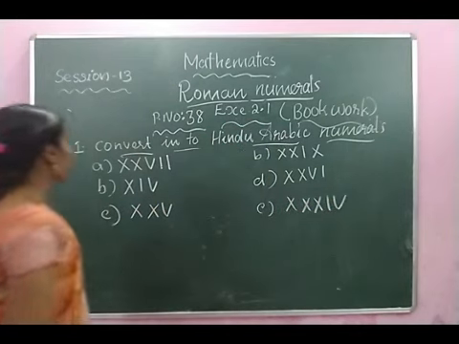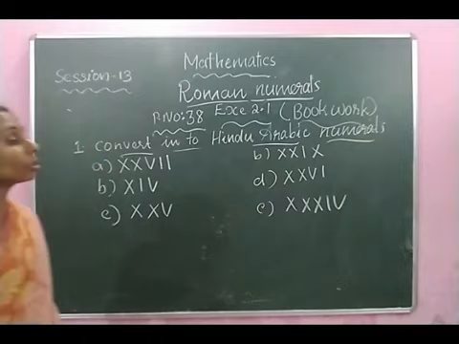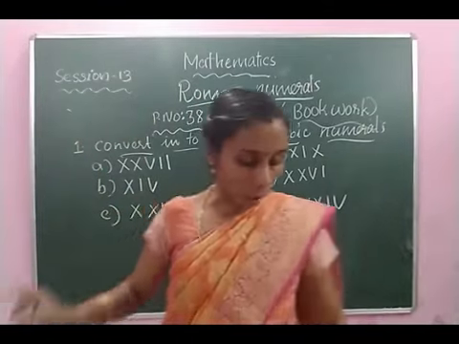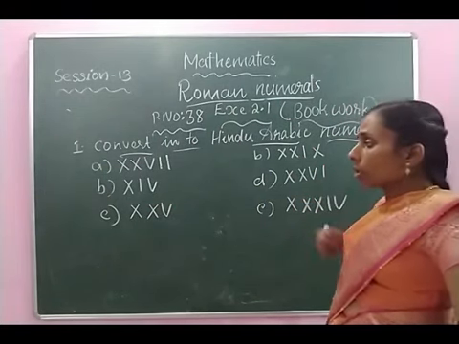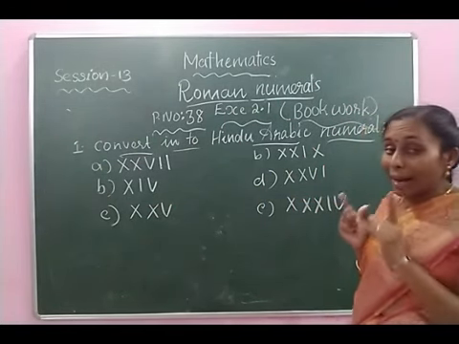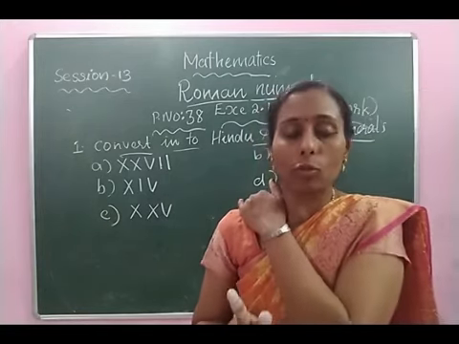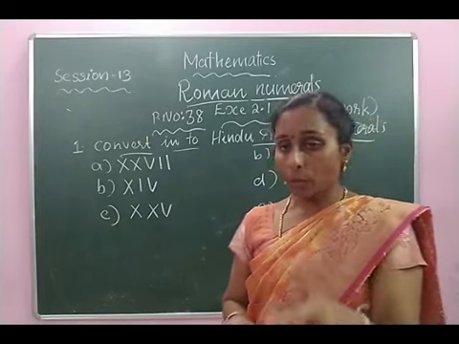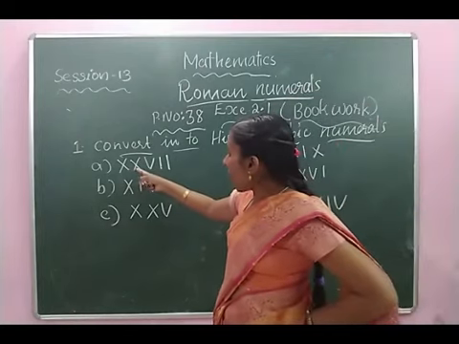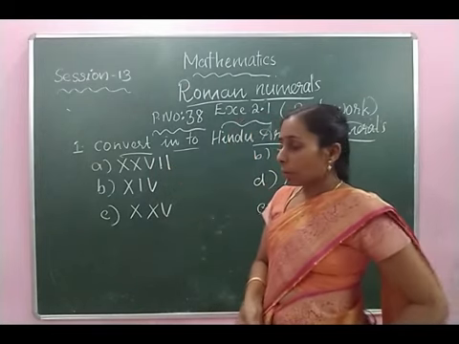Here, convert into Hindu-Arabic numerals. Roman numerals are given. We have to write them into Hindu-Arabic numerals. So to convert Roman numerals to Hindu-Arabic numerals, we have to learn the rules. Here, XXVII.